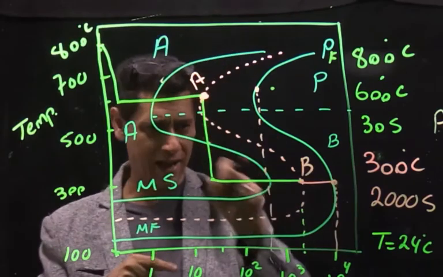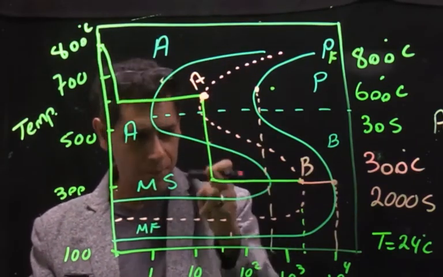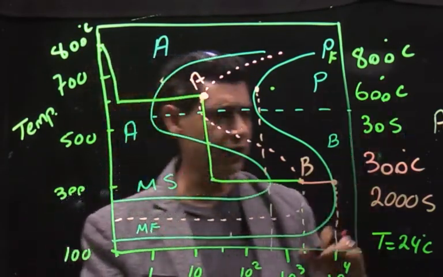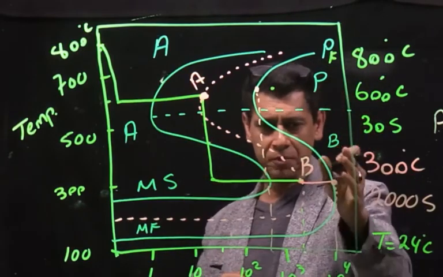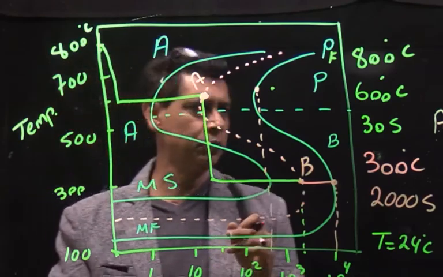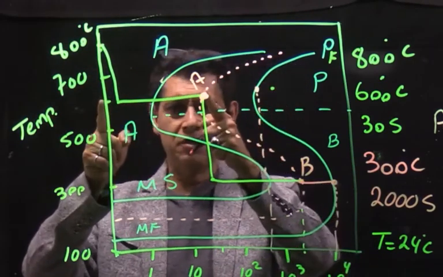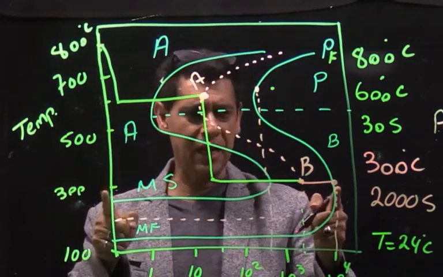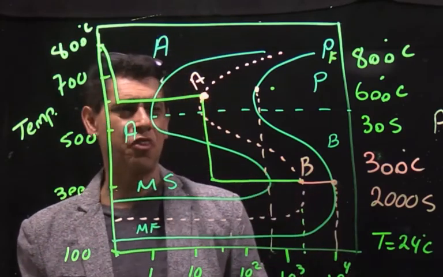If this is the reaction you do, you go like this, you drop it, and at 300, how long it takes for the whole reaction to be completed, all the austenite becoming bainite, then you will say, okay, 30 seconds plus 10,000 seconds, it takes 10,030 seconds.